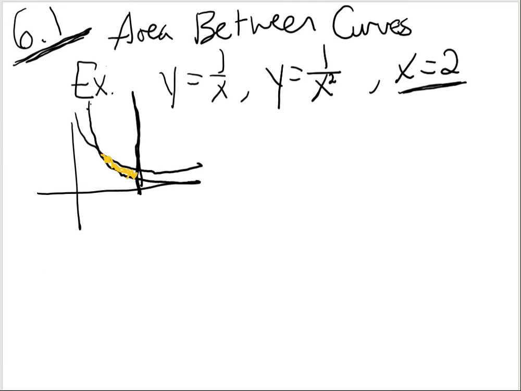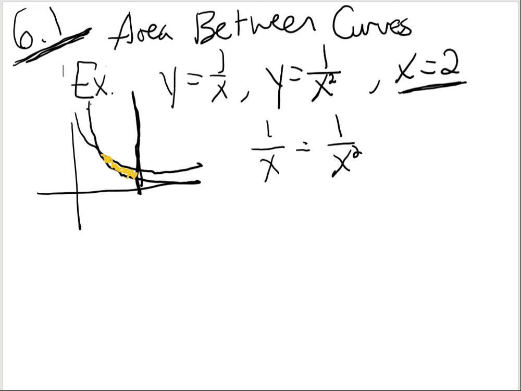Notice that we can talk about the area bounded between curves because they intersect. Now, where do they intersect? Because of the particular functions we have, you might be able to just say where they intersect just by looking at them. But if we don't know, we have to solve these equations.